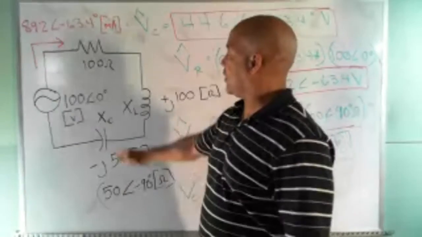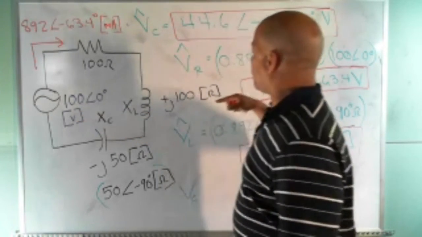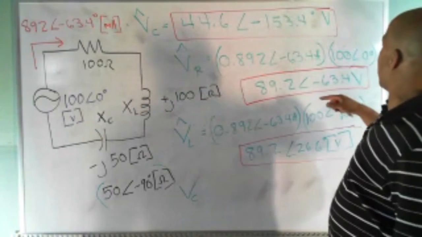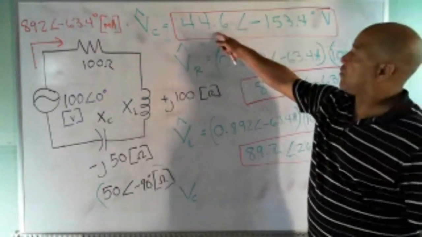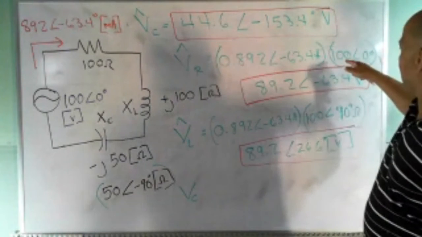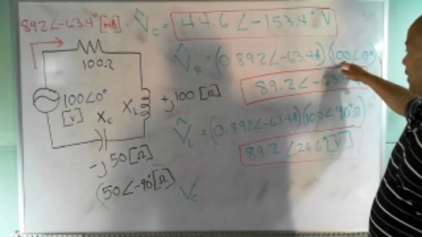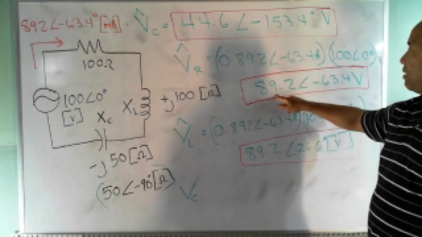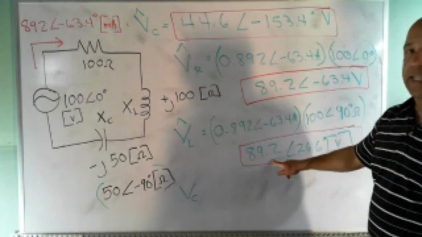Well, my total voltage is 100. So all of these voltage drops got to add up to 100. So I got a problem already, don't I? Because that's 44. That's 100. So I'm at 144, 145. That's another, no, it's 44. So it's 44, 89, and 89.